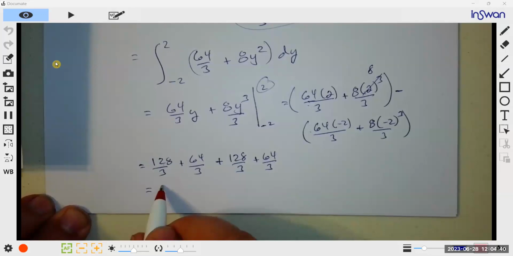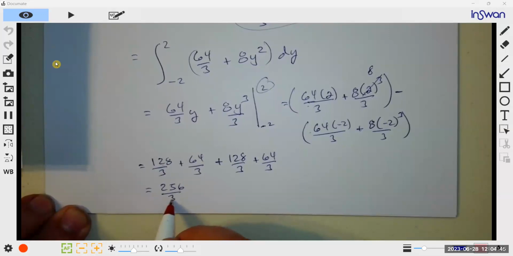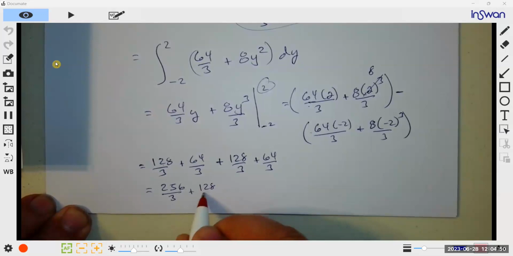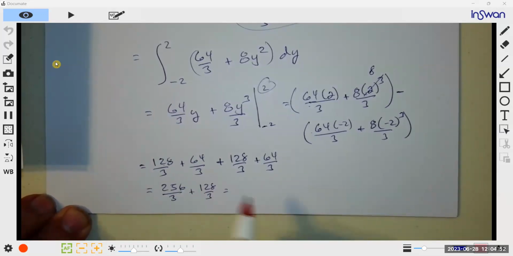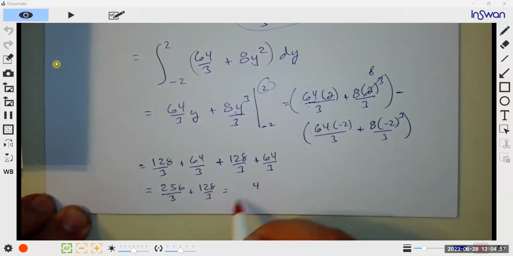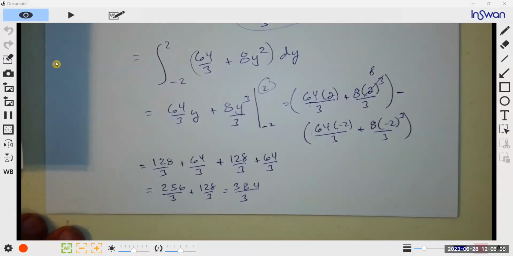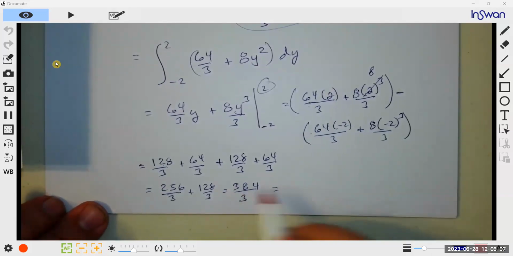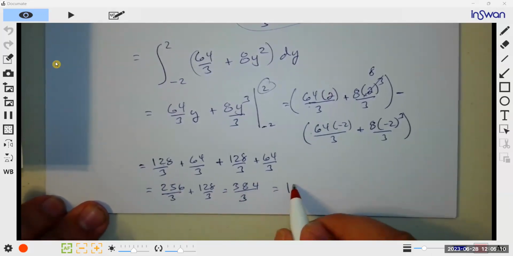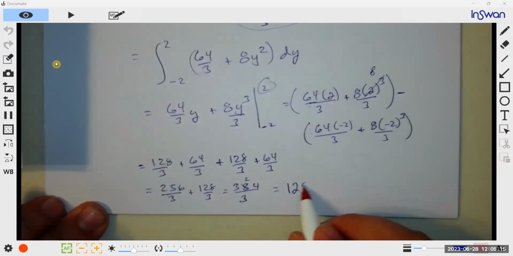128 and 128 make 256. 64 and 64 make 128. 256 plus 128 is 384 over 3. 3 goes into 3 once. 3 goes into 8 twice, with 2 left over. 3 goes into 24 8 times.